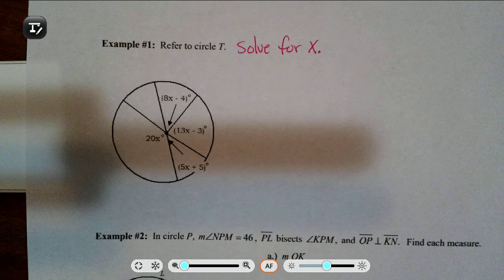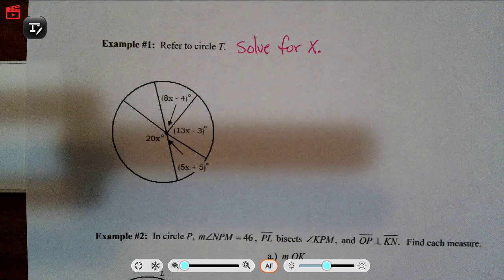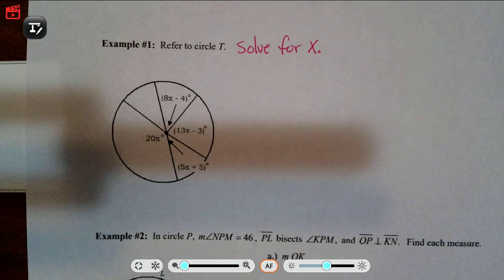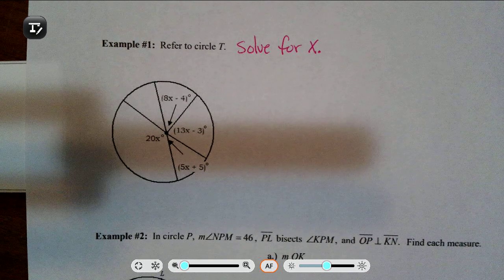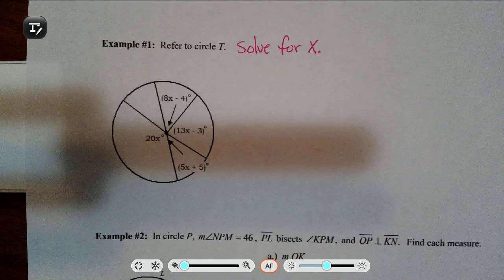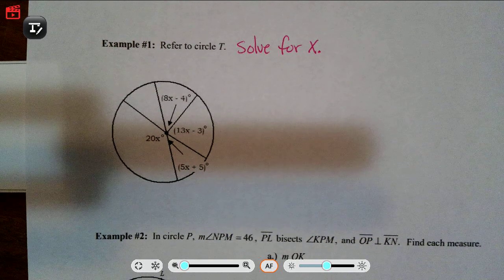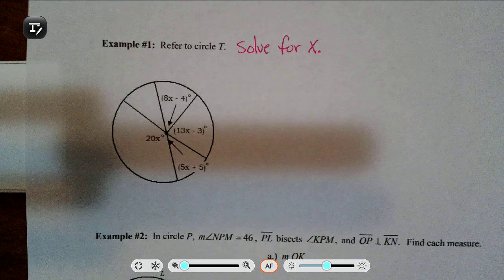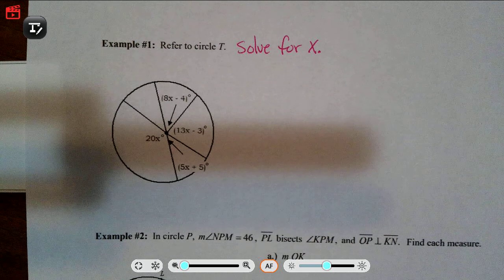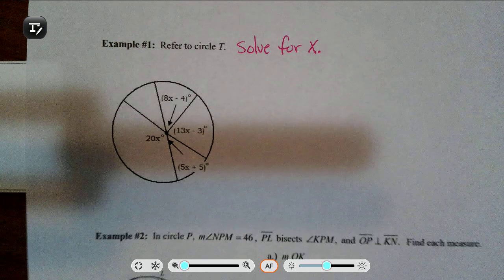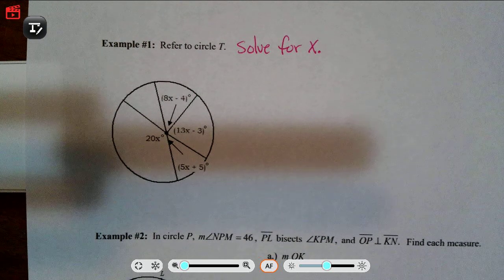And again, some old lessons from the past, we might look at linear pairs, we might look at vertical angles, anything we can think of to help us start. There's definitely more than one way to work this. It just depends on what you're looking at.